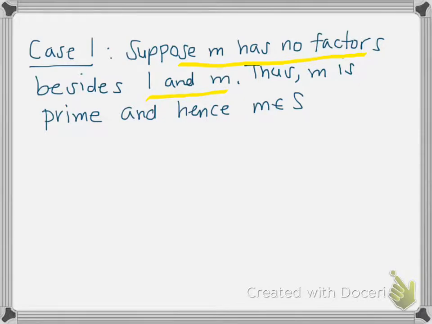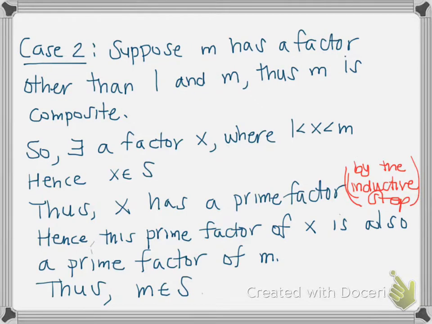You don't have to say by definition that's what it means to be a prime number, but I always say put more in a proof than less. So if you want to put it in, that's fine. Thus, m is prime, and hence m belongs to S because it's its own prime factor, like 2. So that's the first case, and we're done with that case.